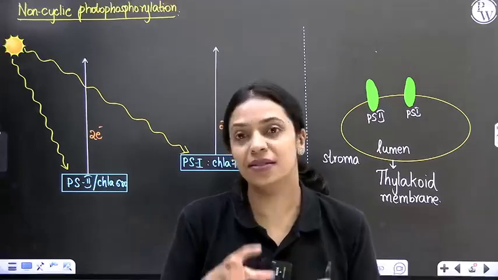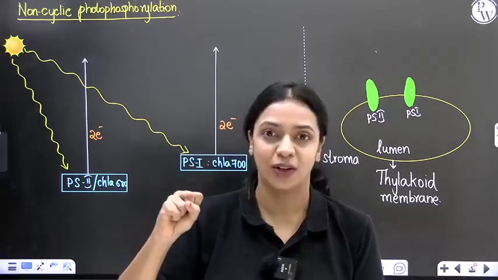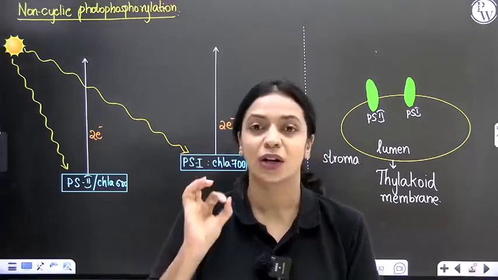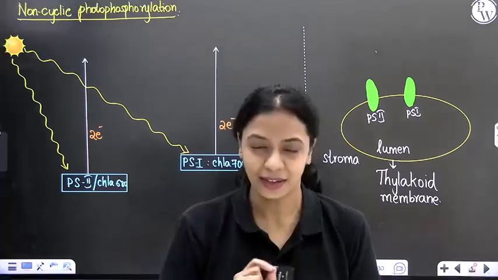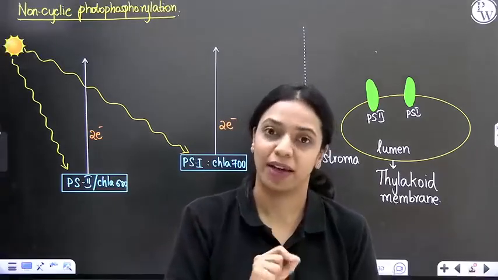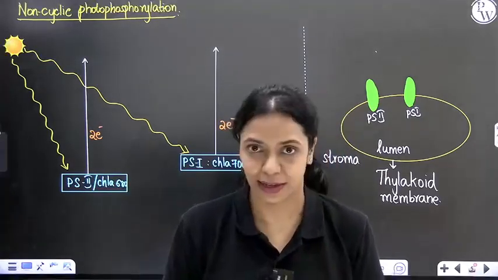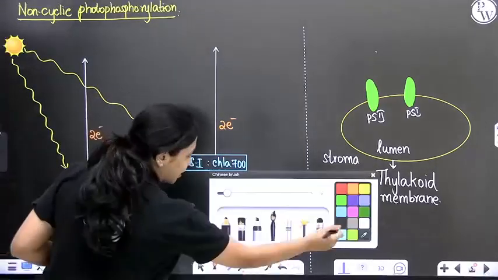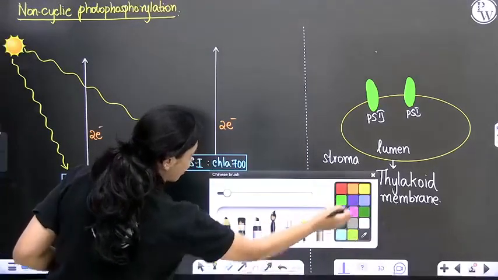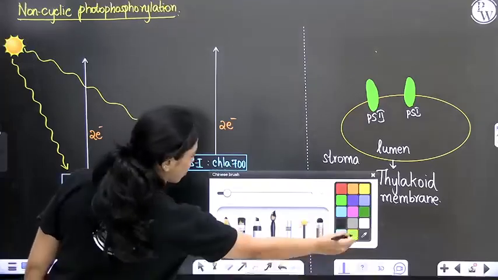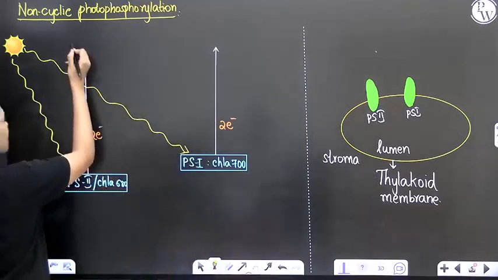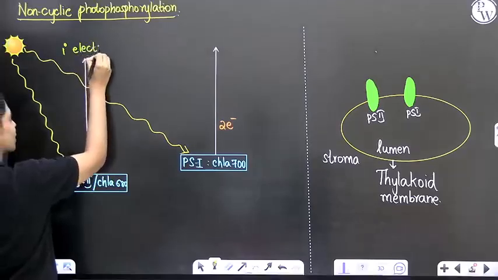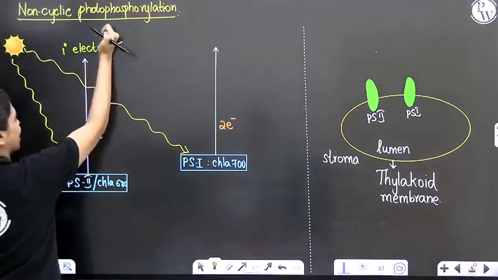So the first molecule to pick up that excited electron is called the primary electron carrier, and this primary electron carrier is a part of the PS2 itself. So first the electron gets accepted by, which color should I use? Green looks good. The primary electron acceptor. Wait, let me write its name.